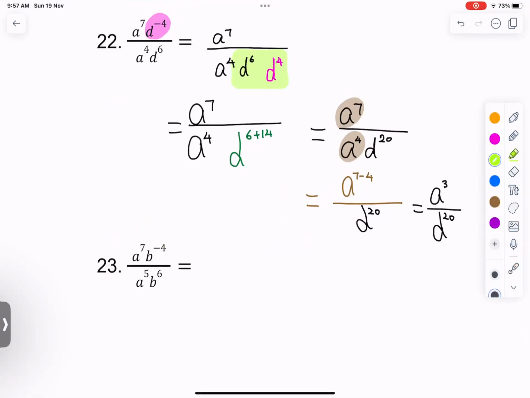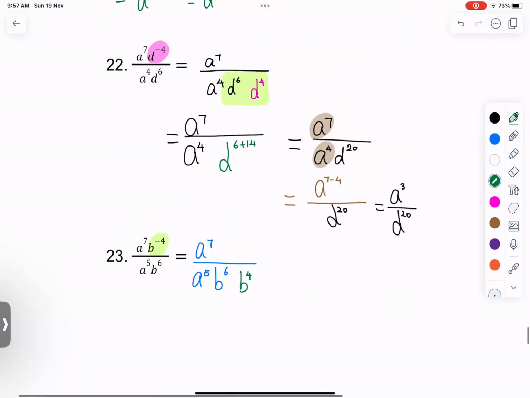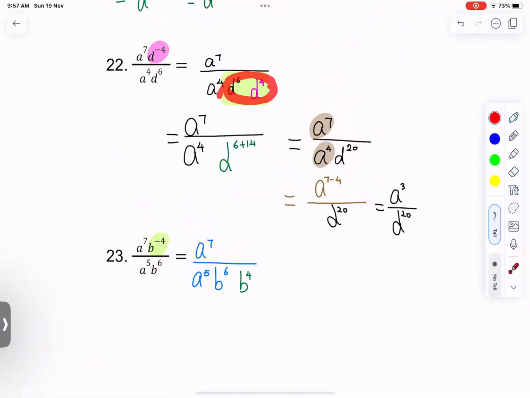Okay, now, if you got it, can you try the next one on your own? I'll give you like 10 seconds. I'm already giving you some hints. There is a negative power. So what do you do? This is very important for your exams. So you remove it. Okay, other things no change, right? Because they don't have negative powers. Only this comes down. And then next step, the D's, the B's.